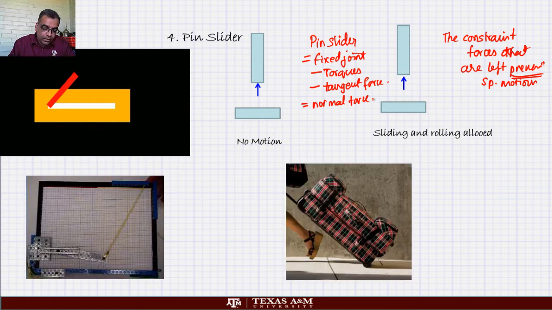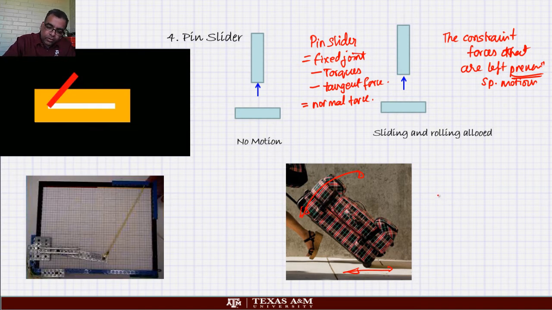Okay, just to give you an idea of what a pin slider looks like, look at your common dragging suitcase, the thing that you use to go anywhere. You can see it can move this way and it can rotate that way.